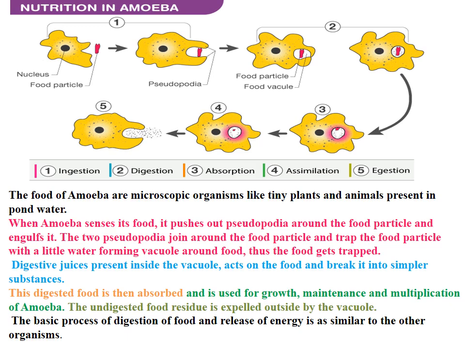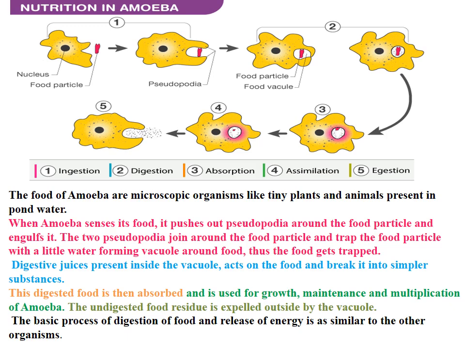You can see this in the first two pictures of the above diagram. When the food particle is near, they sense the food, push out the pseudopodia around the food particle and engulf it. You can see that with the help of their pseudopodia, they are engulfing the food.